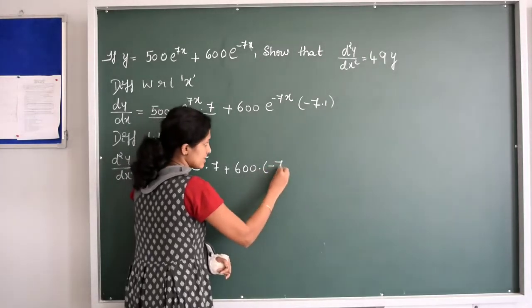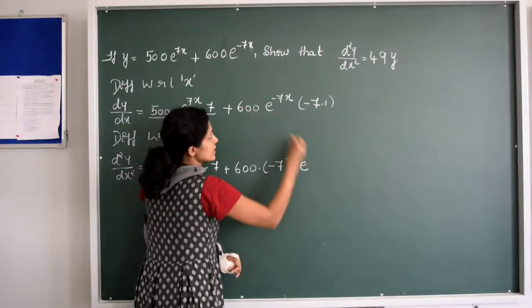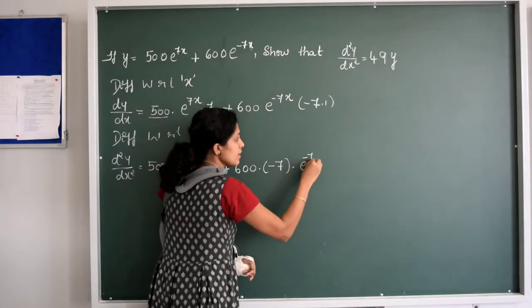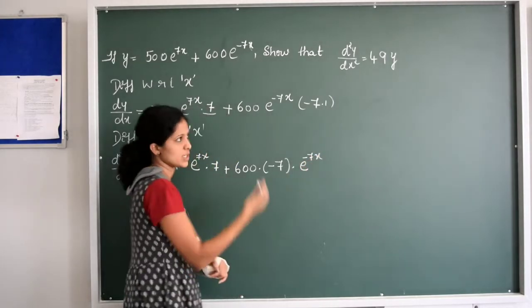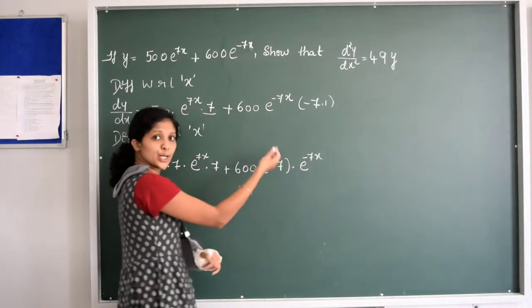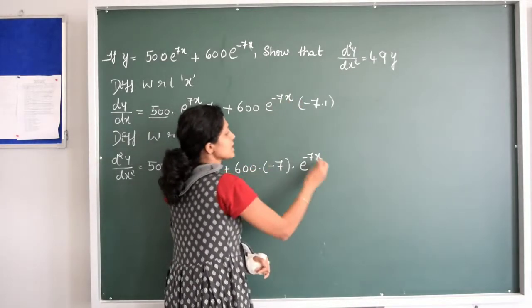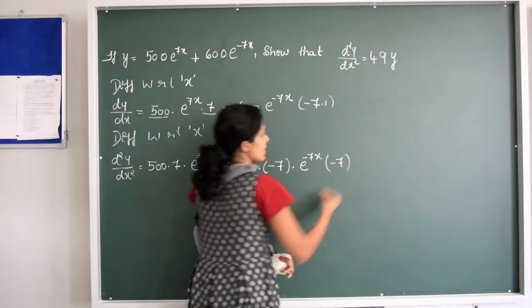Plus, here minus is there, it will be 600 into minus 7 as it is, into e to the power minus 7x, whose derivative will be the same, right? e to the power x is e to the power x only. So derivative of this will be minus 7. We'll rearrange this.